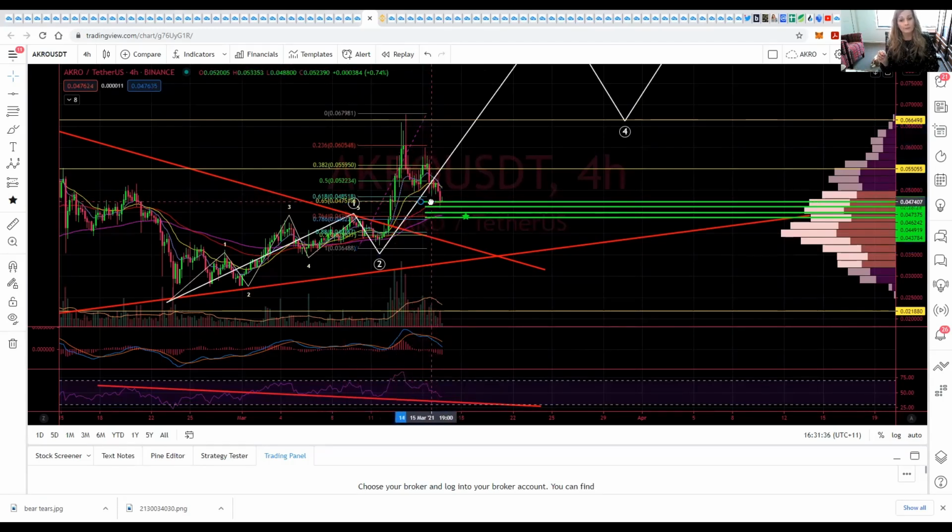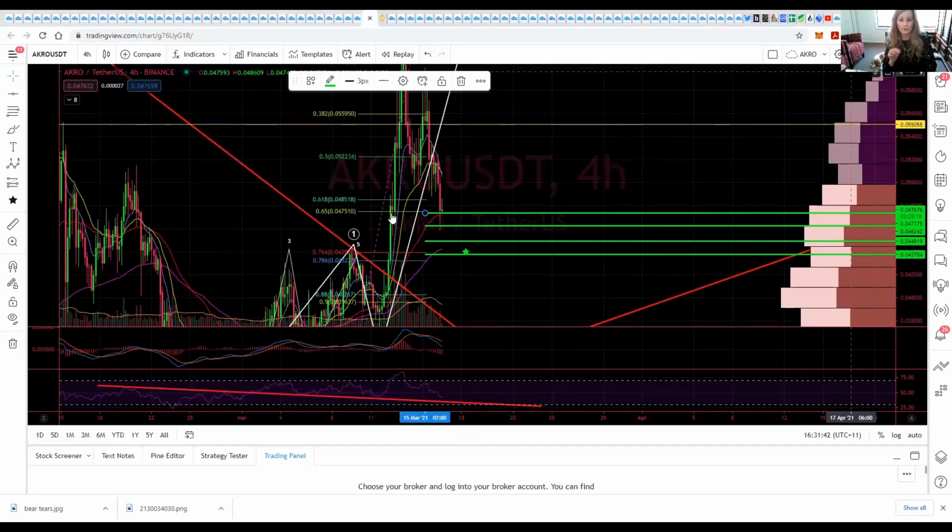I've placed my first order. I'm breaking it down into 4 orders. My first order is placed on that 0.65, right inside the golden zone, at 0.476, and that will be a 25% position.